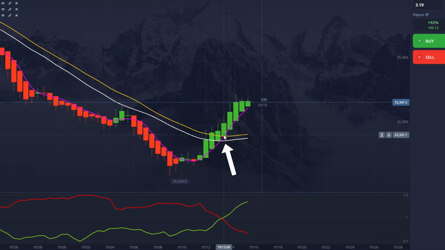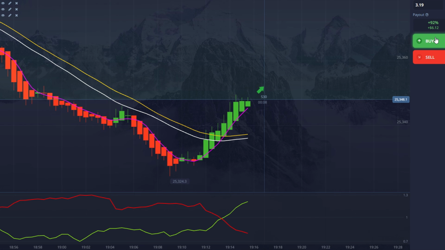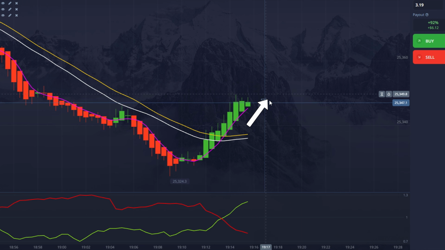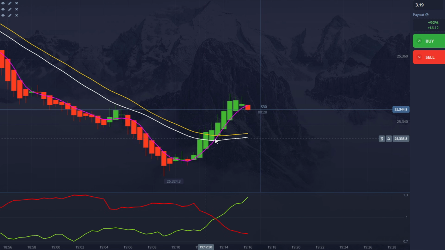When that cross happens, we're going to wait one more candle to ensure that we are actually changing the momentum. Once you do see that, we're going to buy in the same direction. Okay, so we're going to buy in the same direction after you see this cross. So this is one of our confirmations. This is our other confirmation.